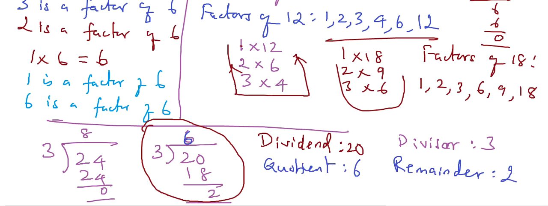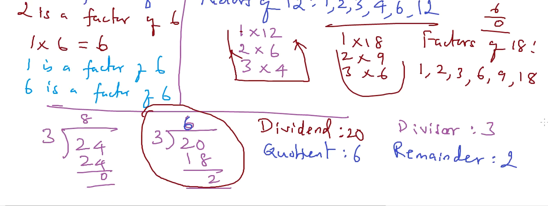So the remainder is 2. Okay, actually there's a relation between all these four things.